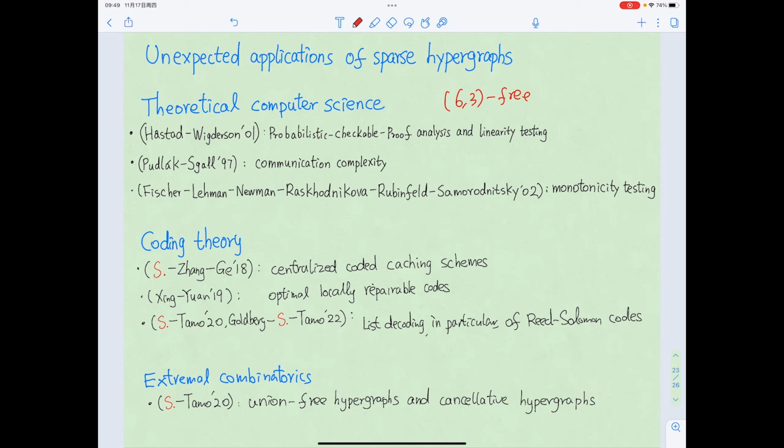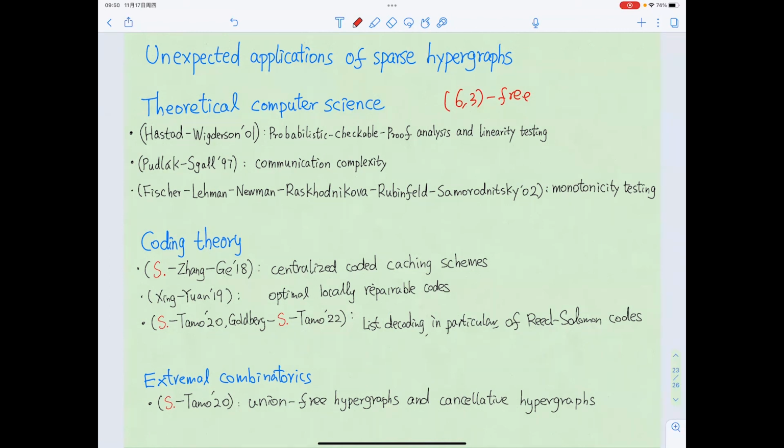It also has applications in monotonicity testing. And in coding theory, people use these sparse hypergraphs to construct some centralized code caching schemes, which has applications in some networks.